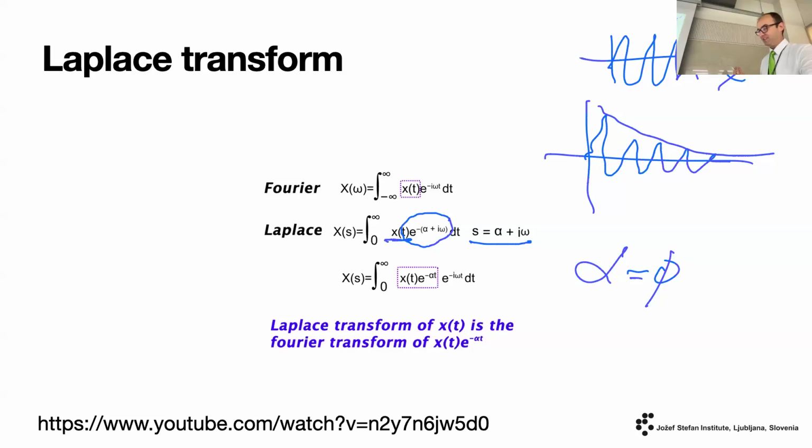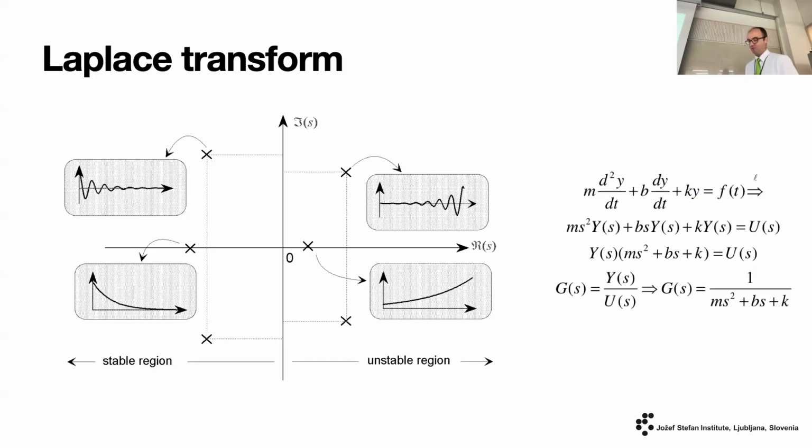Why is this important for us? Because if I go back to the differential equation, we don't have to use these integrals to solve it. We have tables for the Laplace transform, the same as for the Fourier transform. If we have a second order derivative, we multiply by s squared. First order derivative, we multiply by s. So there are simple rules, and we transform this differential equation to something like this.